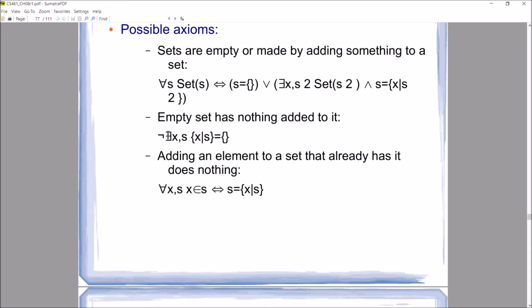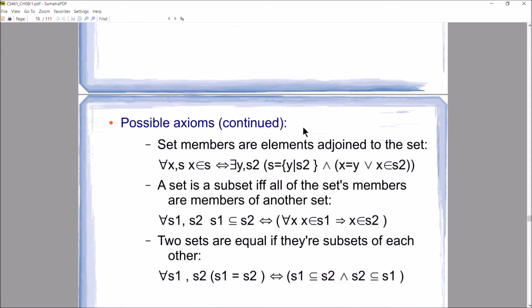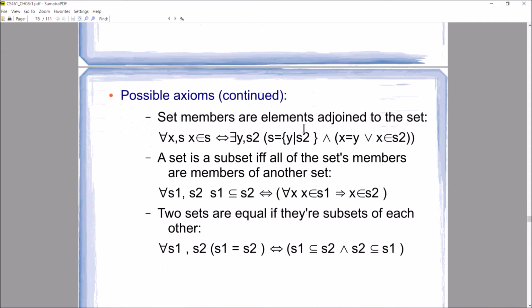This is saying there does not exist a combination of objects x and s such that you can add x and s together to get an empty set. Think about all of the things within the domain. There are no two objects that you can combine together to create an empty set. That's what that means.